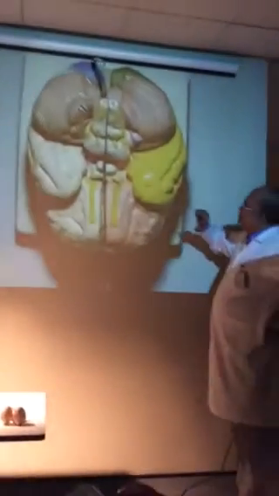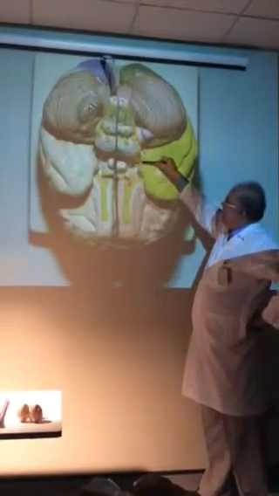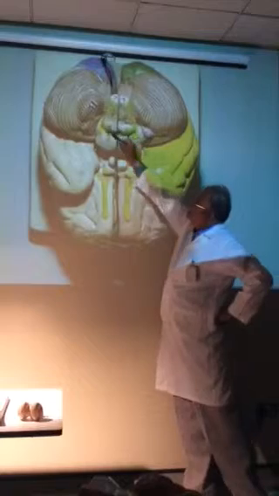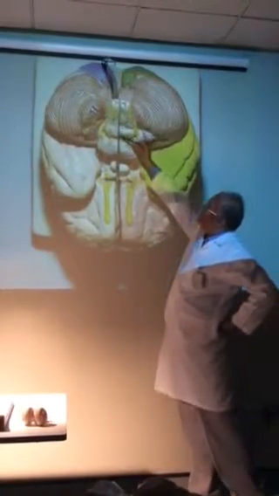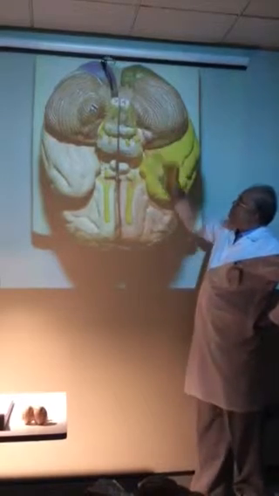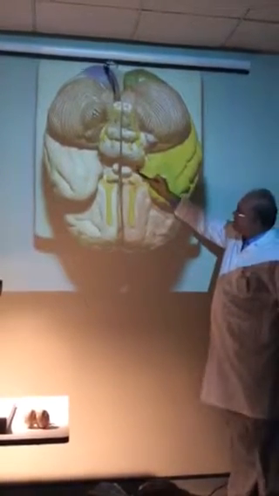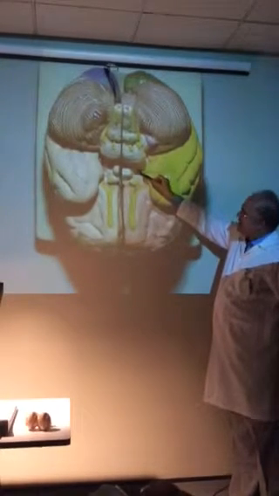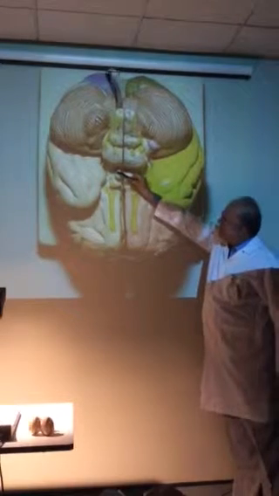Clear? Yes. Okay. Then we come to this region, which is our midbrain. This is the pons, and posterior to the pons, this is the medulla. Now, on the midbrain, you can see this nerve very faintly appearing here, but when you come closer, you can see it here as well as here.